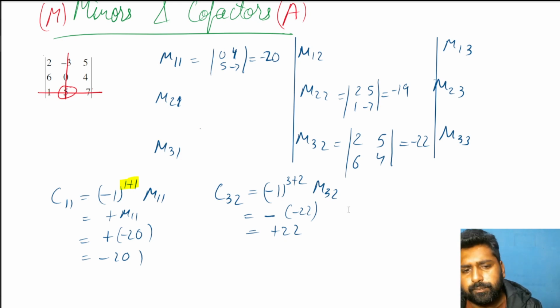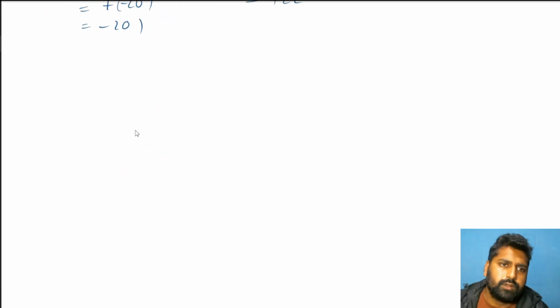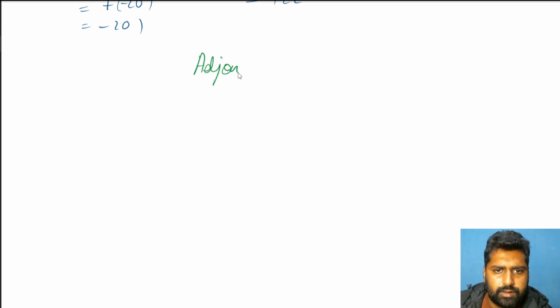All right. Now you know minors, and now you know cofactors also. Next topic is adjoint. All right, let's move to this next topic, adjoint of a matrix.